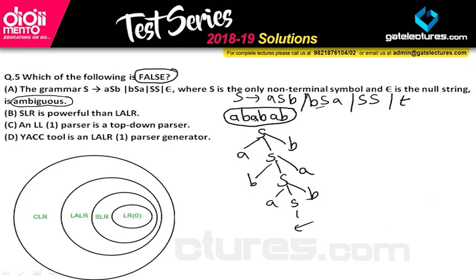We know how to traverse a tree from top to down, left to right, so it will be A, B, A, epsilon, B, A, B. So ABAB is produced perfectly, okay?